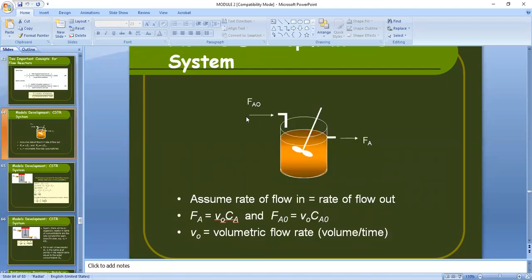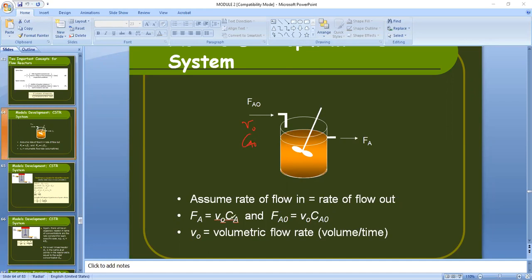Now for the CSTR, you have this particular molar feed rate. So it is the initial molar feed rate entering the reactor. And this is the molar flow rate leaving the reactor, which is already partly converted. So your FAO is equal to the volumetric flow rate, v sub O, times the initial concentration, CAO.